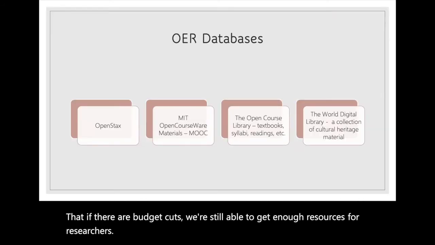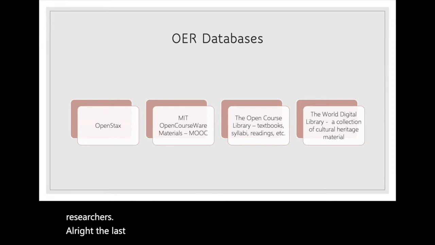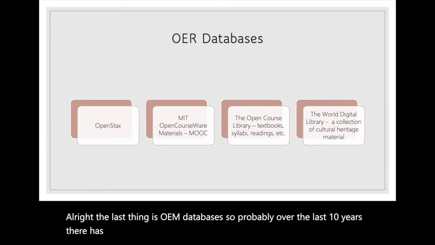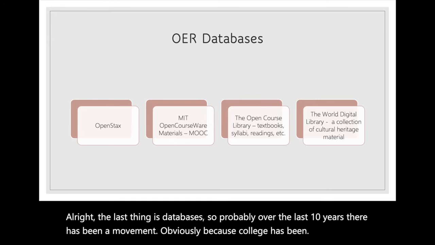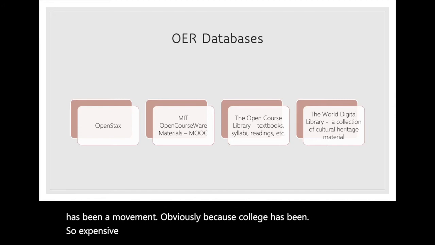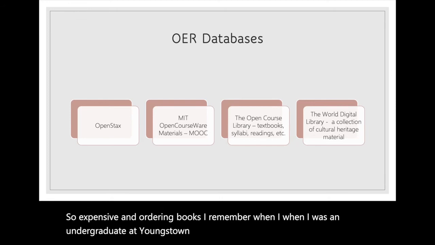All right, the last thing is OER databases. So probably over the last 10 years, there has been a movement, obviously, because college has been so expensive, and ordering books. I remember when I was an undergraduate at Youngstown State University, my first semester, the books were like $800.